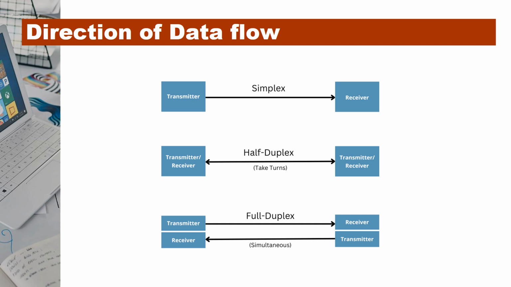You can see here on our slide that this is a two-way communication channel where data flows in both directions simultaneously. You can talk of a telephone conversation where both parties can talk and listen at the same time.